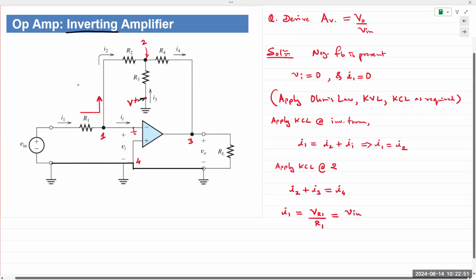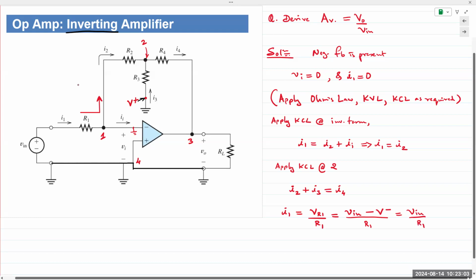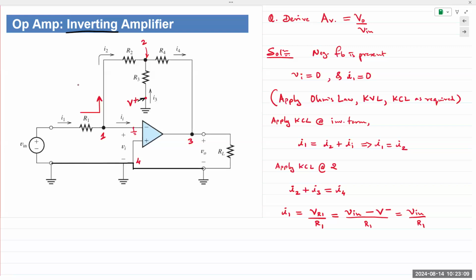So it's V in minus V negative, meaning the inverting terminal, divided by R1. And since V negative is 0, it would simply be V in over R1. Makes sense so far? Any questions?